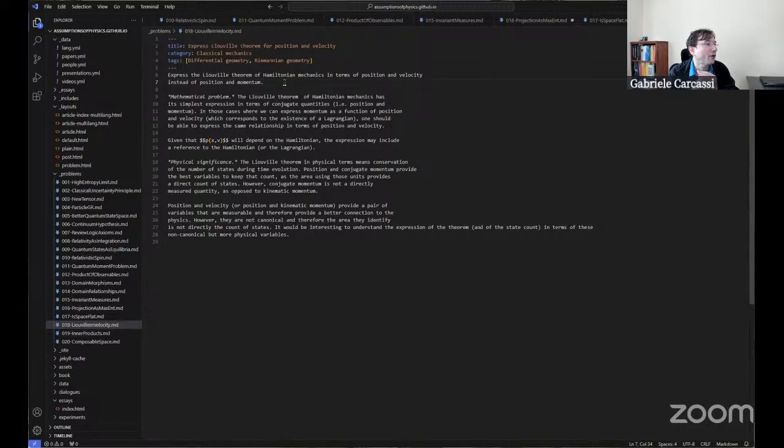So position and velocity, or position and kinematic momentum, provide a pair of variables that are measurable and therefore provide a better connection to the physics. However, they are not canonical, and therefore the area they identify is not directly the count of states. It would be interesting to understand the expression of the theorem and of the state count in terms of these non-canonical but more physical variables.